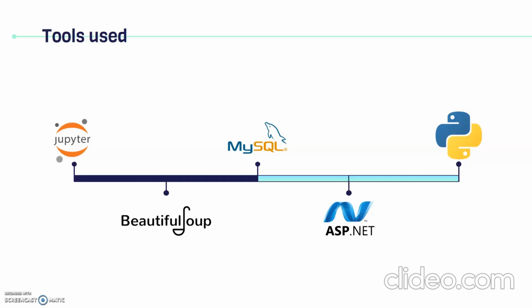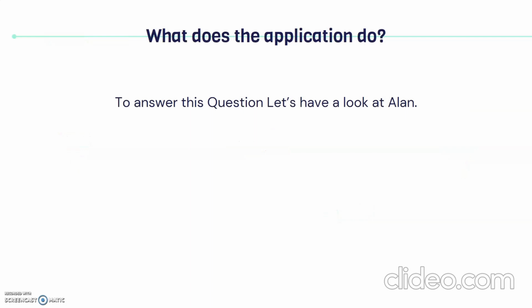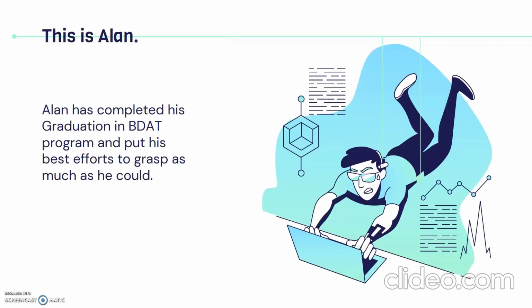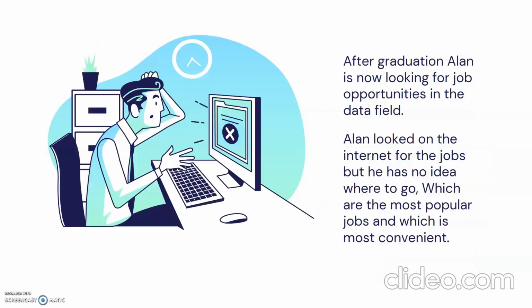Now let's move further. So what does this application actually do? Why do we need this application? To answer this question, let's have a look at Alan. This is Alan, who has just completed his graduation in the BDAT program, and he put his best efforts into grasping as much as he could so that he can implement the best knowledge in the industry.